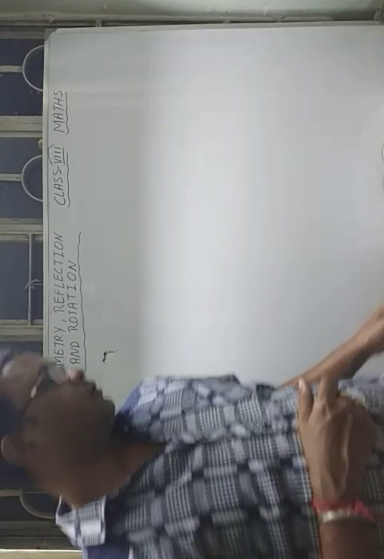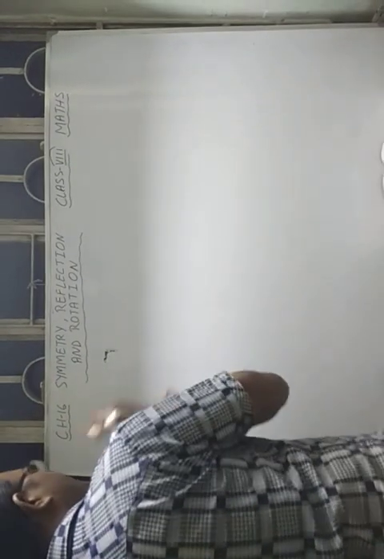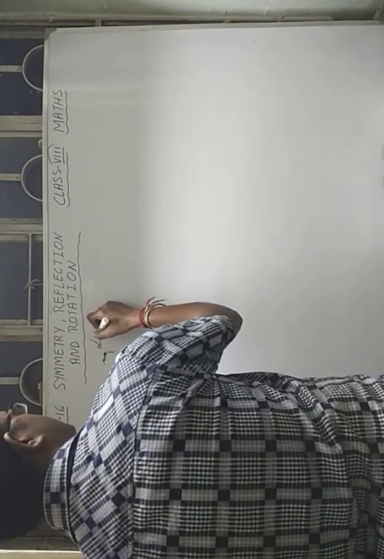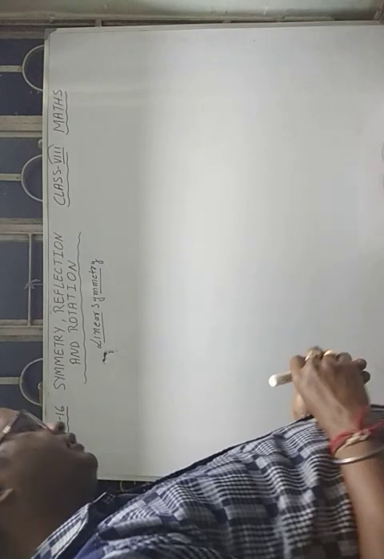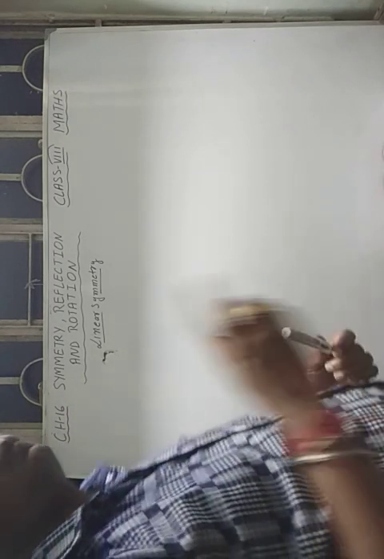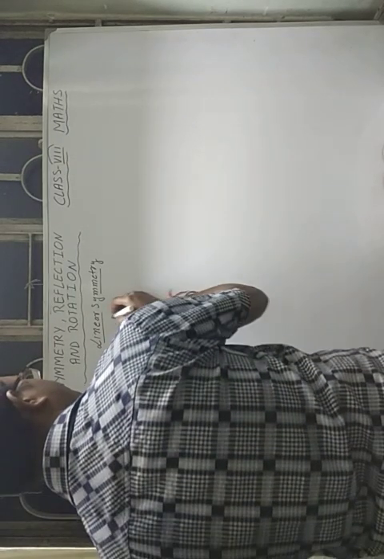First of all, we will do linear symmetry. What is linear symmetry? Linear symmetry means any figure that has only one line of symmetry. Suppose I draw an arrow like this.